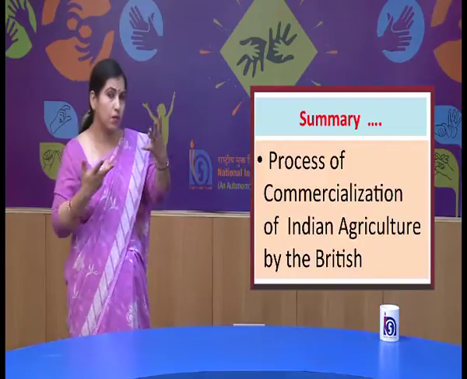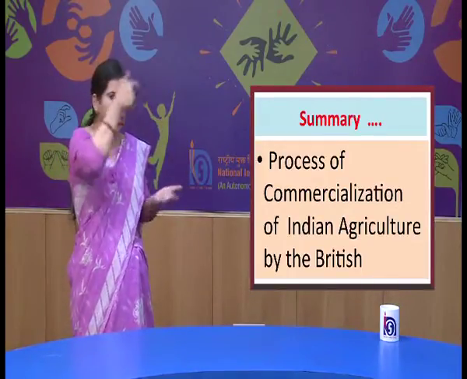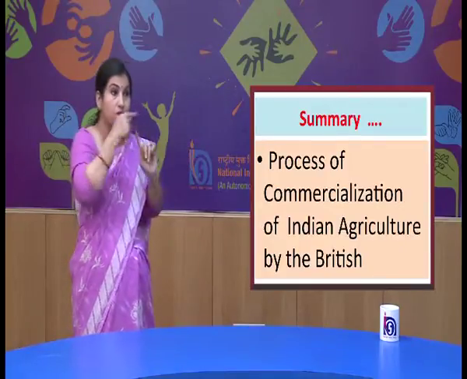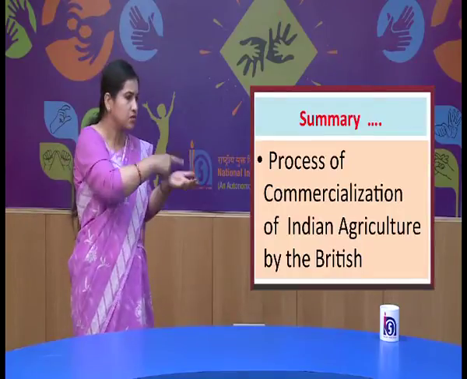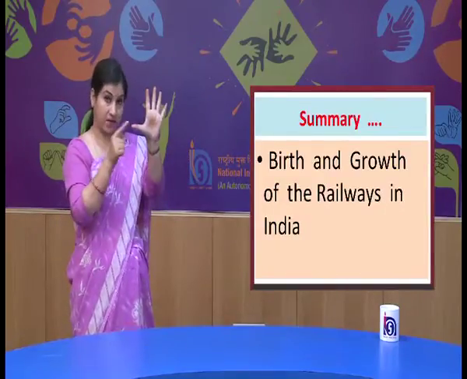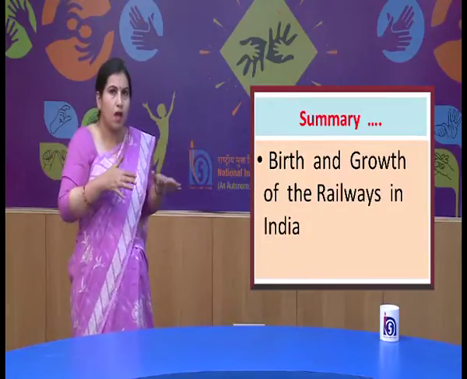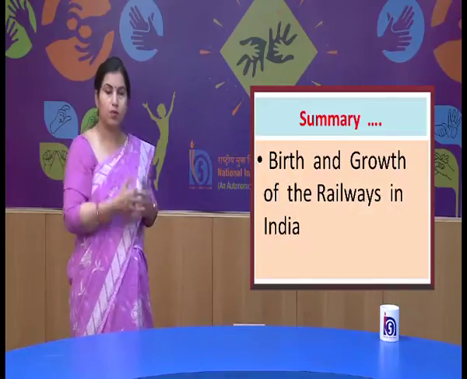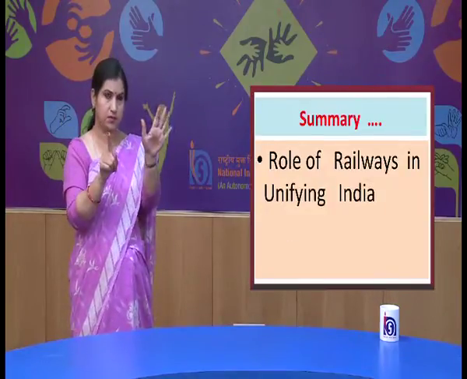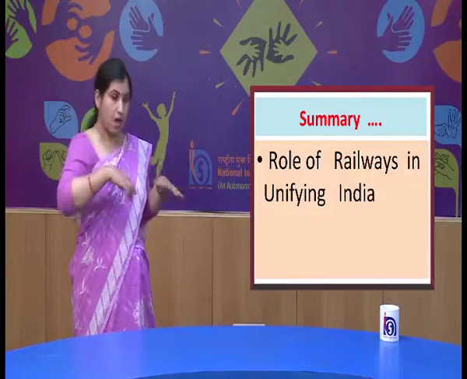Fourth point, we discussed about the process of commercialization of Indian agriculture by the British. Fifth, we discussed about birth and growth of the railways in India. Sixth point, we discussed about the role of railways in unifying India.